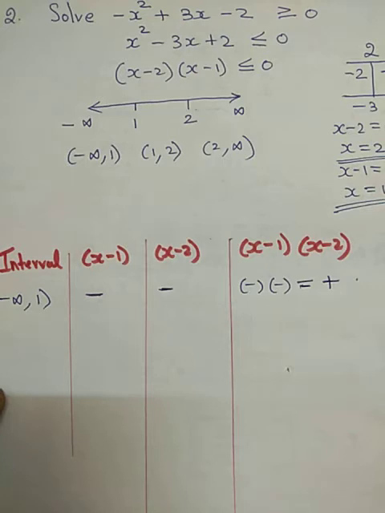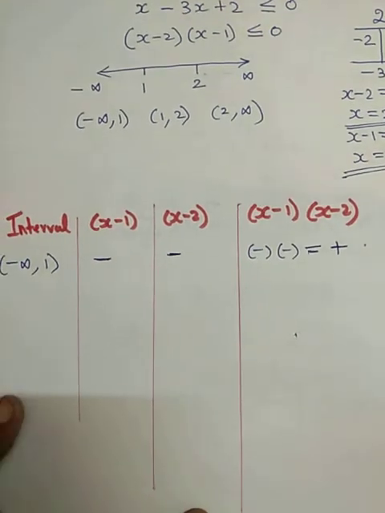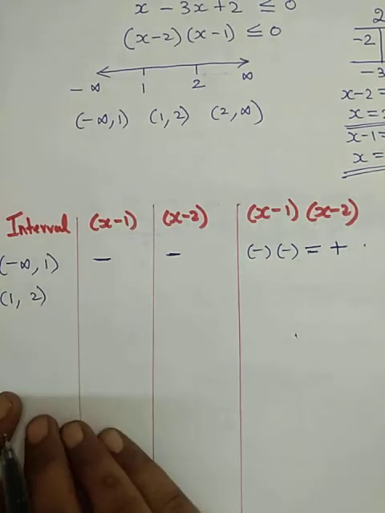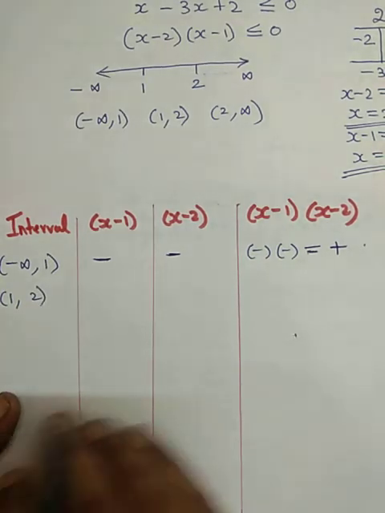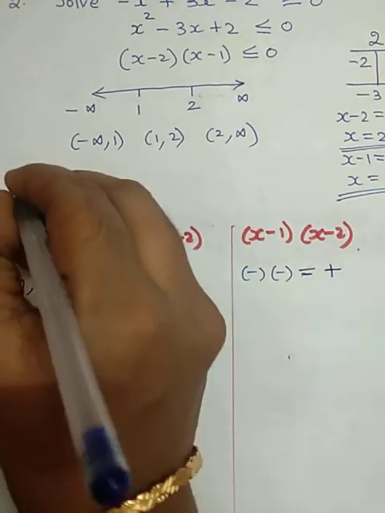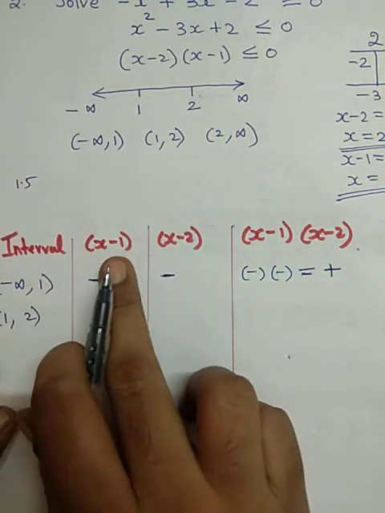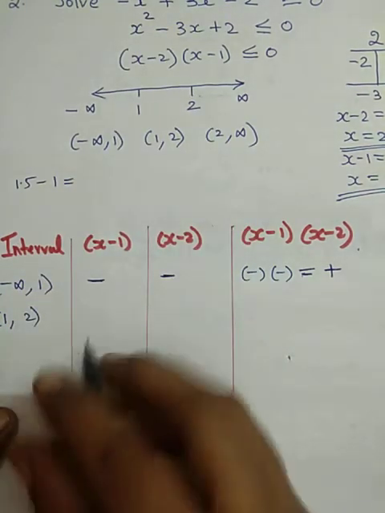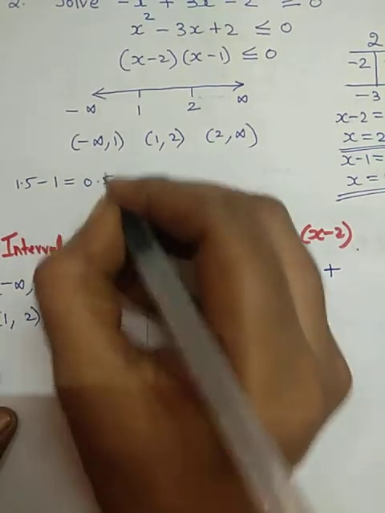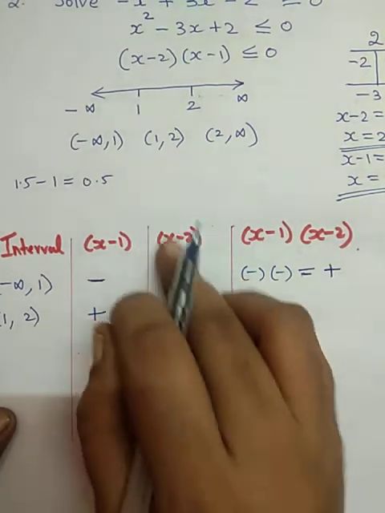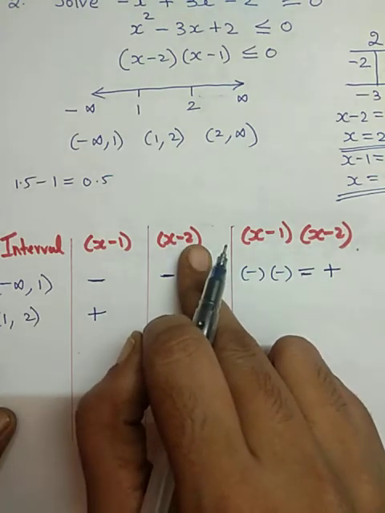Now next, we have to select the next interval, 1 comma 2. The number between 1 and 2, let me select it as 1.5. So here first column, 1.5 minus 1. We know 1.5 minus 1 is 0.5. It is positive, so let me put plus sign. Next, 1.5 minus 2.